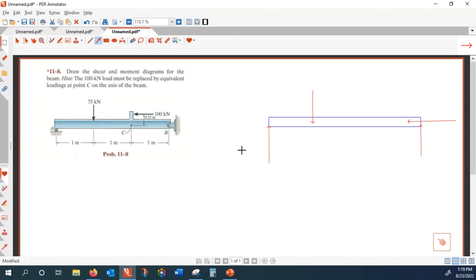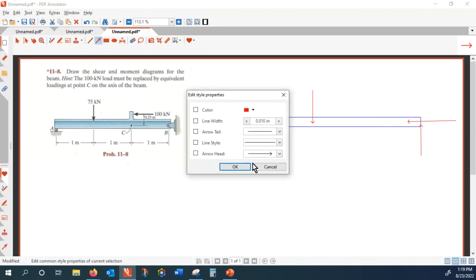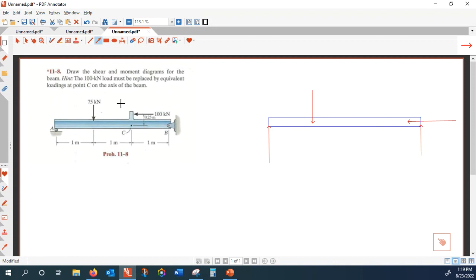So let's pay the penalty and shift that force, which is off center, to point C. The penalty I pay is a bending moment, which is equal to 100 times the distance of 0.25. That is 25 kilonewton meter.